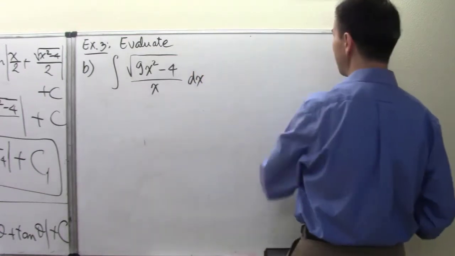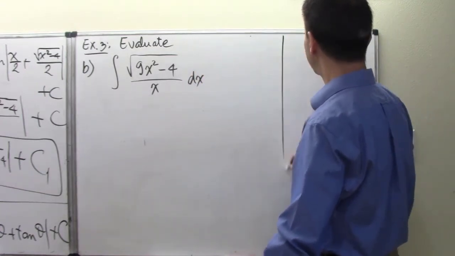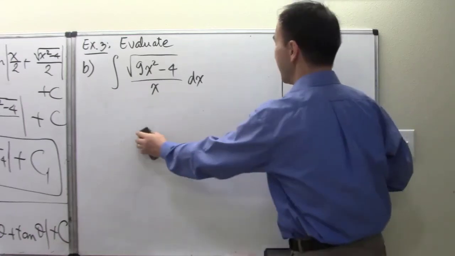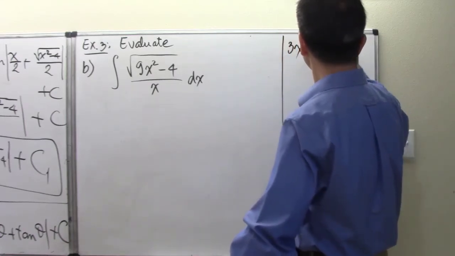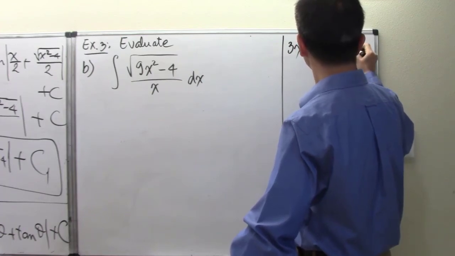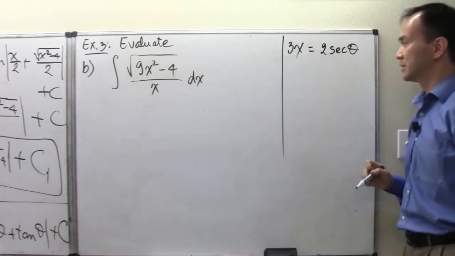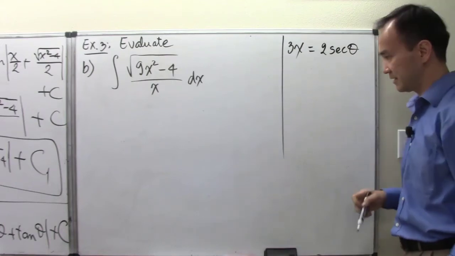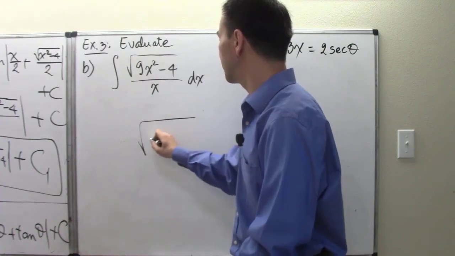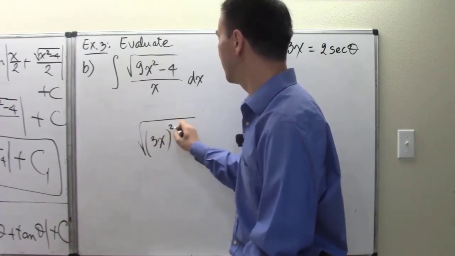So now here's how I start. I'm going to go with the 3x here. I'm going to let 3x equal 2 secant theta, again because I see this as the square root of 3x all squared minus 2 squared.